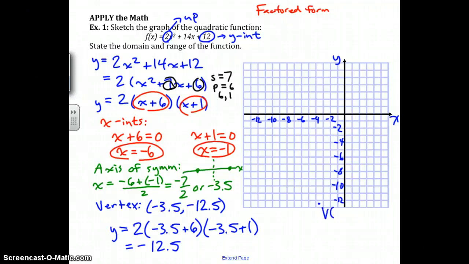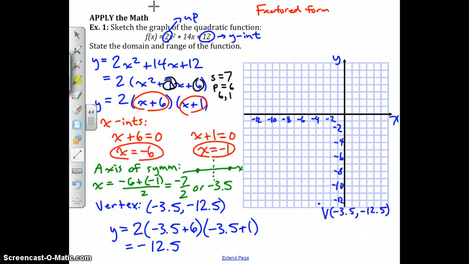I'm just going to label that with a V, and -3.5, -12.5. Next thing I'll put on there is my axis of symmetry. I'm going to put a dashed line through there, just indicating my axis of symmetry, and I'll label that as x equals -3.5.